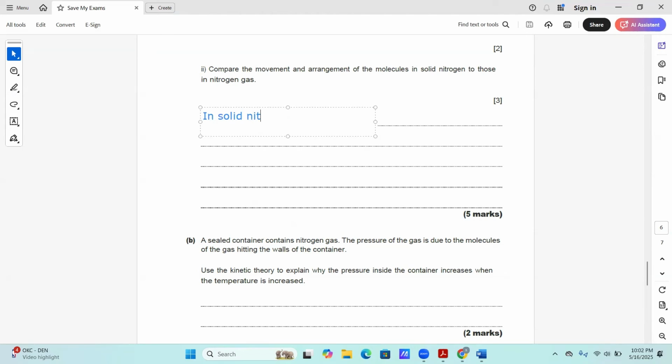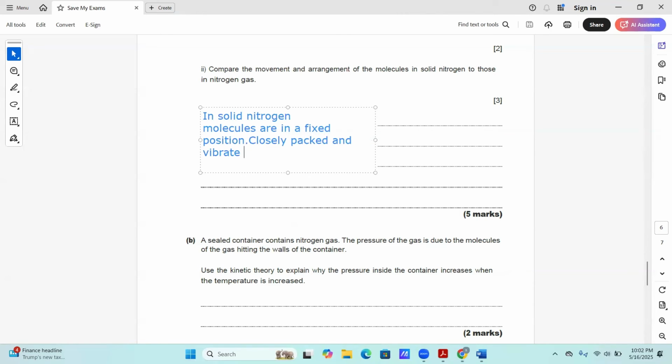In solid nitrogen, molecules are in a fixed position. Closely packed. Around a fixed point.